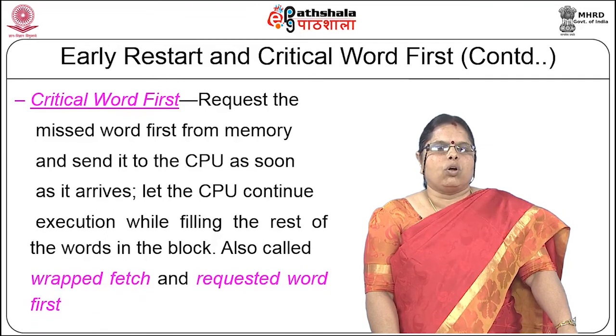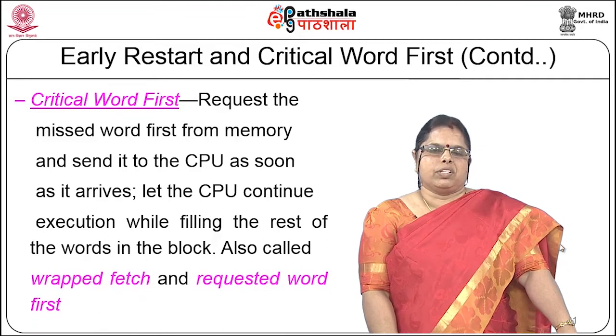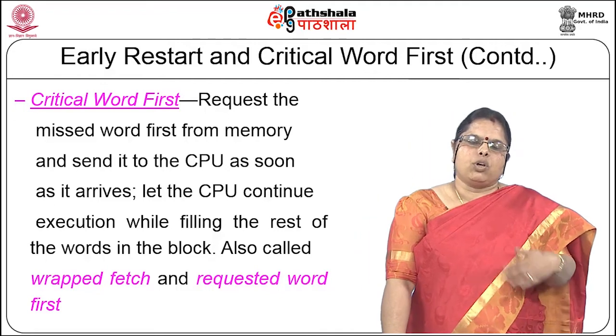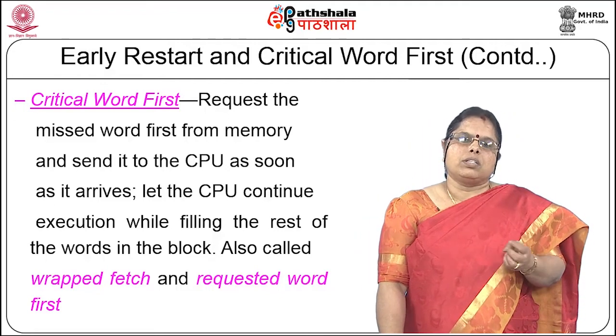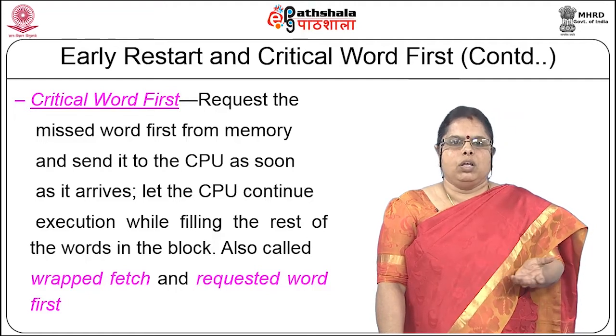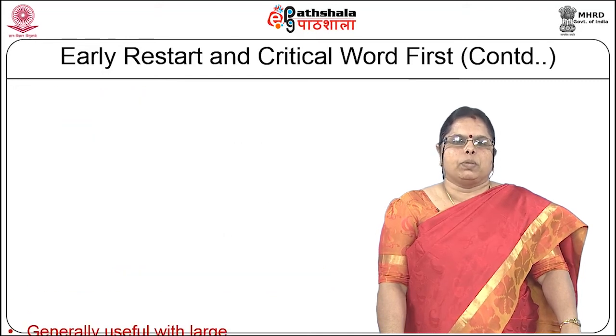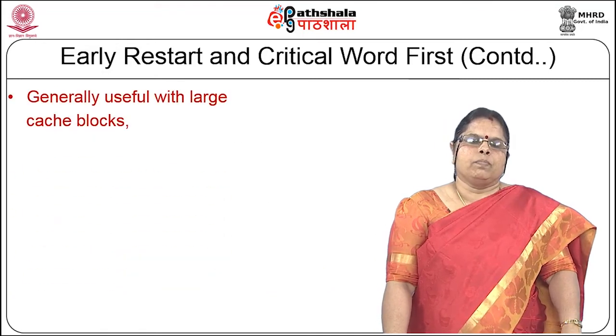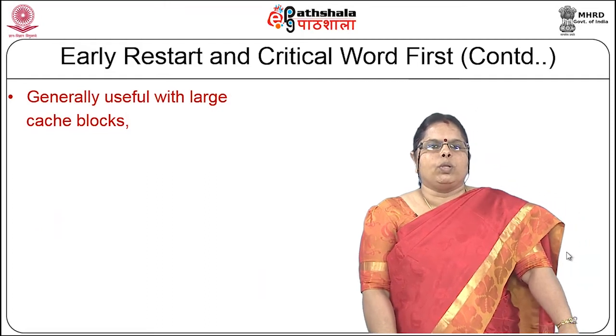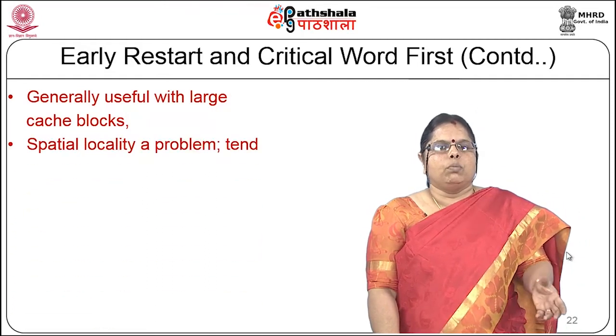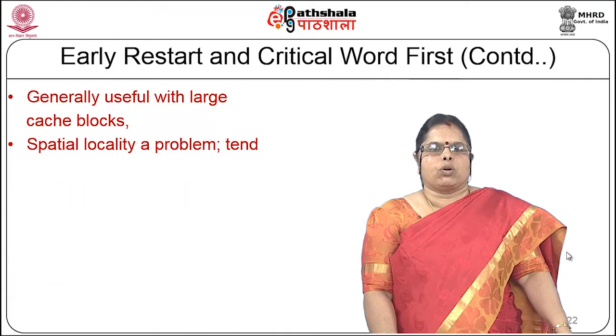This is also called wrapped fetch and requested word first. As against early restart, critical word first will be effective irrespective of the location of the word in the block. So, these are the two techniques that are used for reducing the miss penalty. This is generally useful when you have large cache blocks, because you do not have to wait for the entire block to be transferred.